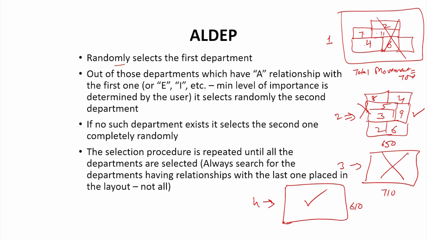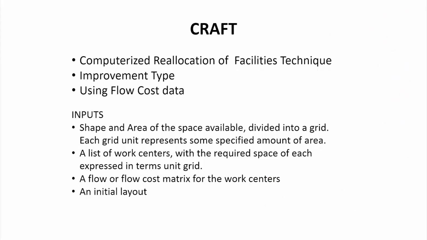Whereas in CORELAP we have a logic of total closeness rating, and based on that we place the departments. There is a third technique also, a very useful technique, called CRAFT, computerized relocation of facilities technique. This is an improvement type, and it uses the flow cost data, as LDEP also does.